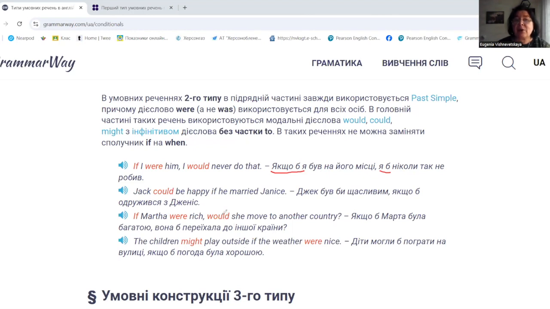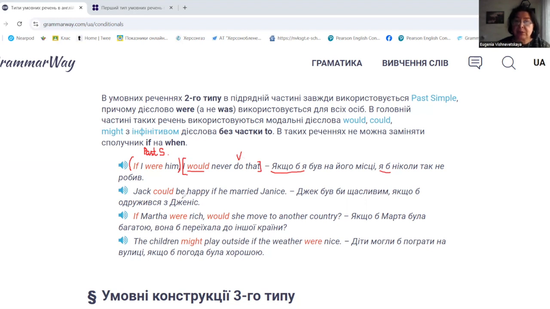Then, how to build it? The second conditional is built like the following. In the if clause, we use past simple. Past simple, remember it. Past simple is the second form of an irregular verb, or ending ed added to the regular verb. And in the main clause, we use would and the verb.